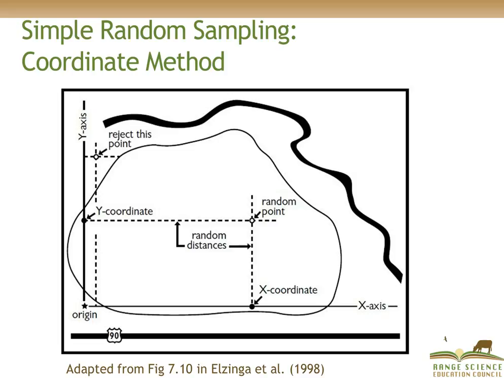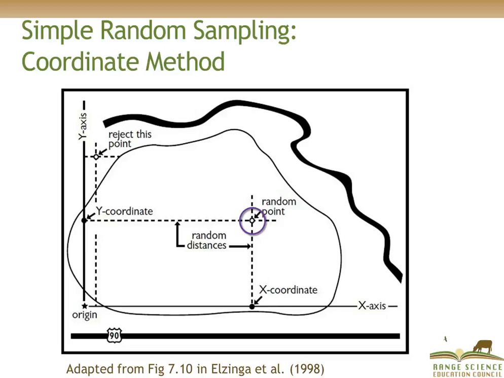We then randomly select pairs of X and Y coordinates so that we can locate a random point within the area. If this random point occurs within the area of interest, we would keep that point and it will become a sampling point. Sometimes the coordinates will occur outside of the area of interest, and so we would reject those points.